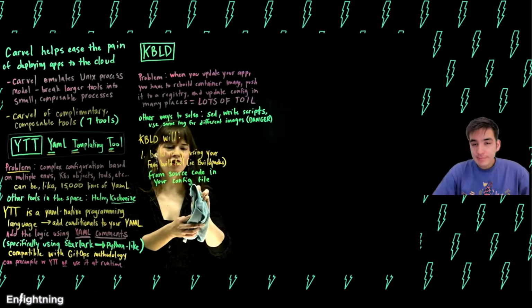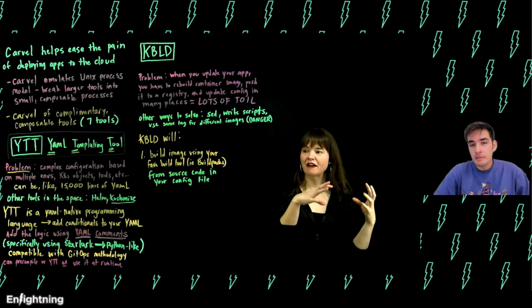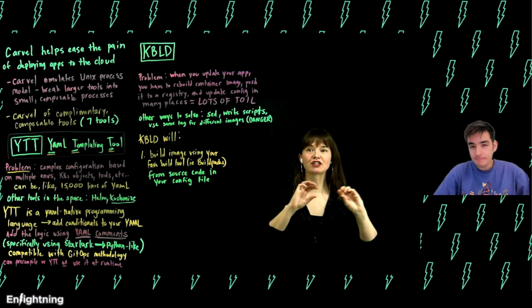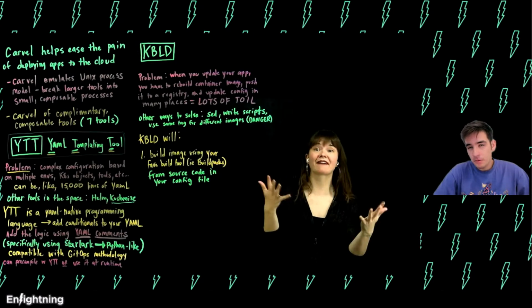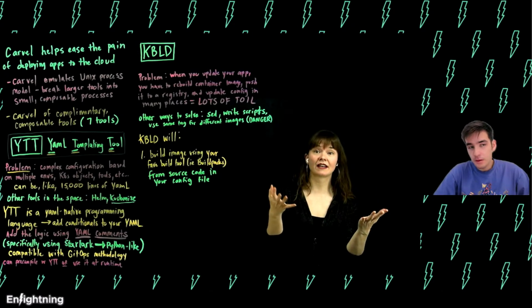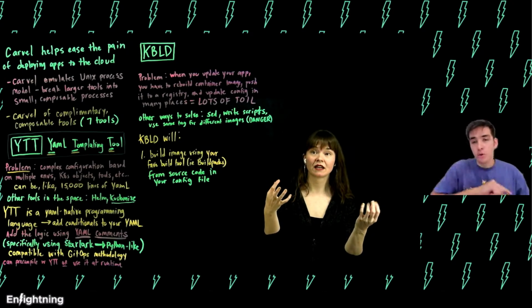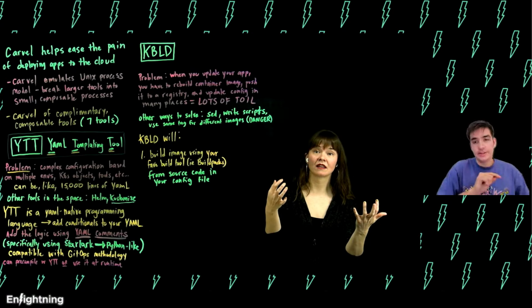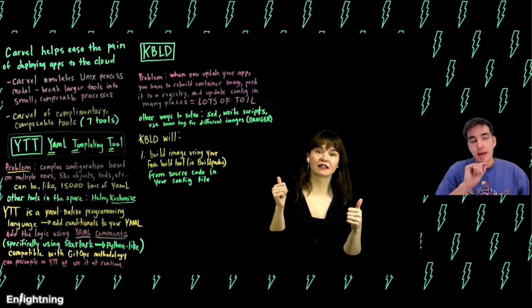Okay, so Kbuild will build the image using your favorite build tool. So in your configuration, instead of listing the image, you list a path to the source code. And then Kbuild uses that to build the image from your source code, something like that. Kbuild has its own configuration. Yeah. Okay. So got it.